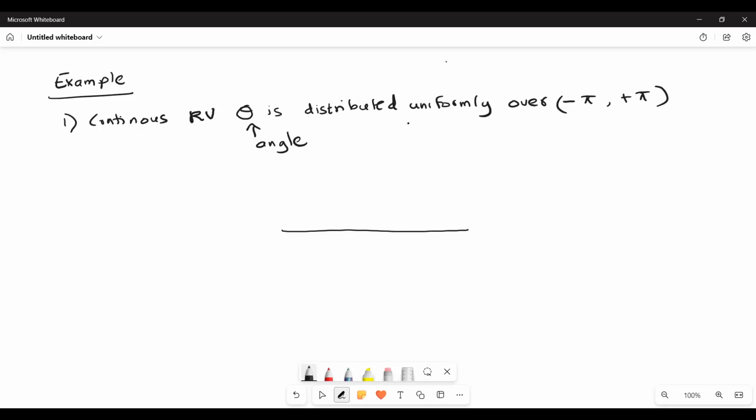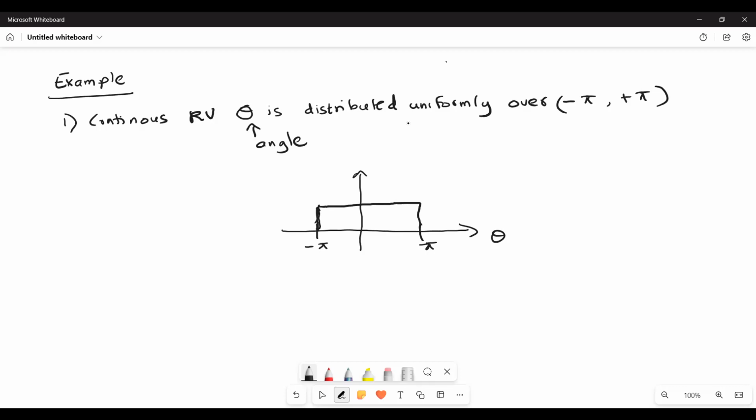It has a constant probability of happening over all its values. So theta is the random variable, it takes values between minus pi and plus pi, and it has a uniform distribution. That means its probability value is constant through all the values of theta that can be taken.